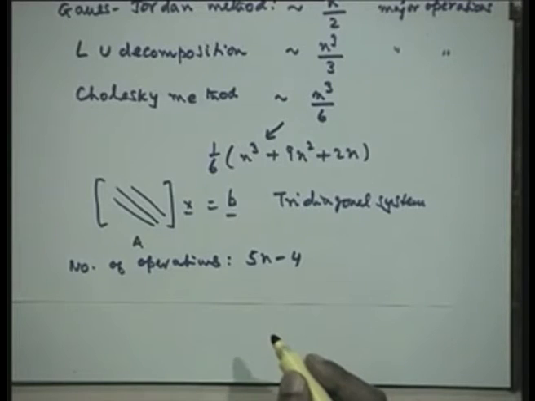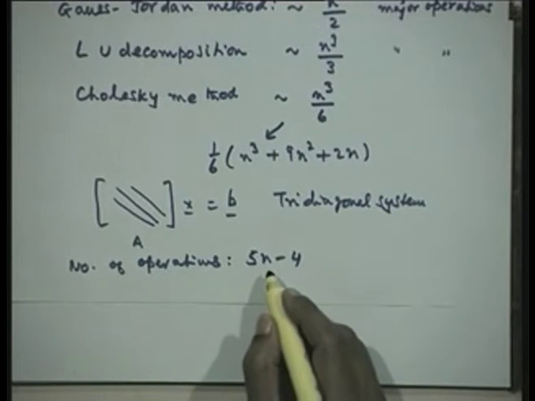That means, if I am solving a 100 by 100 tridiagonal system, it is going to take only 500 minus 4, that is 496 major operations, nothing more than that. That means, it is going to take a few milliseconds. This is how, in a practical problem where you come across millions of equations, when you are solving that system of partial differential equations or ordinary differential equations, you use the method in such a way that you produce the simplest system possible, say a tridiagonal system, or a 5 diagonal system, something like that.